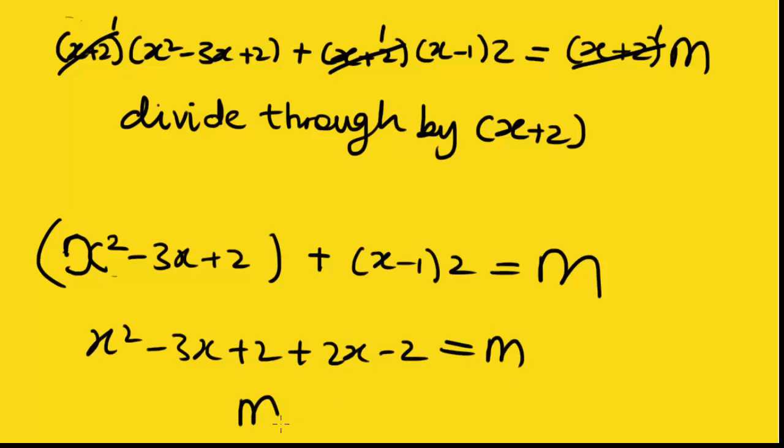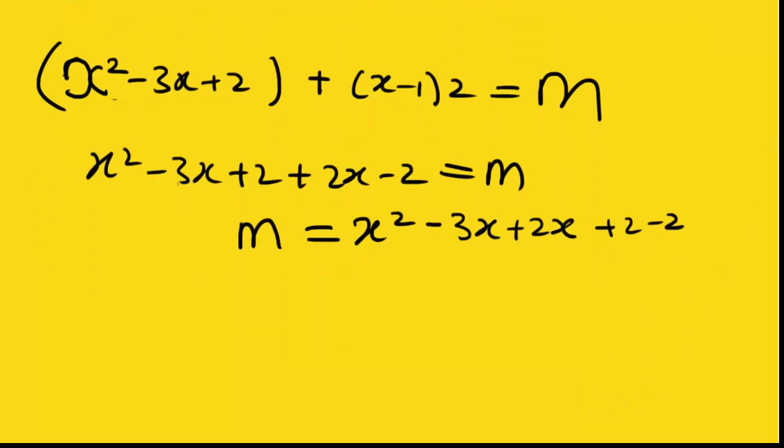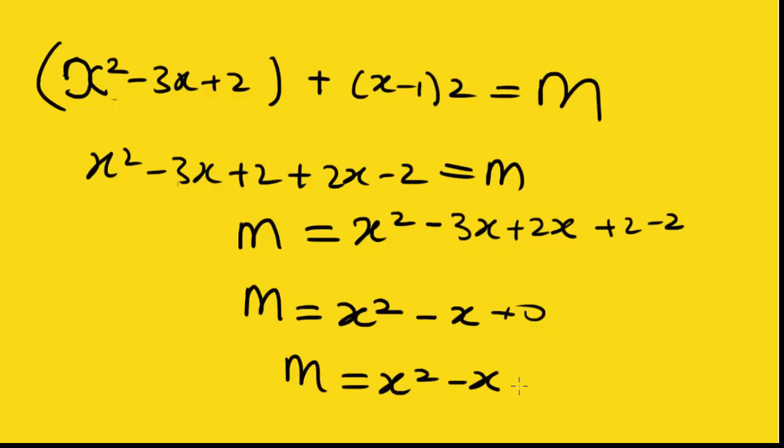If I group like terms, I have minus 3x plus 2x, and I have plus 2 minus 2. So simplifying gives me m equals x squared minus x plus 0, which means m is x squared minus x.